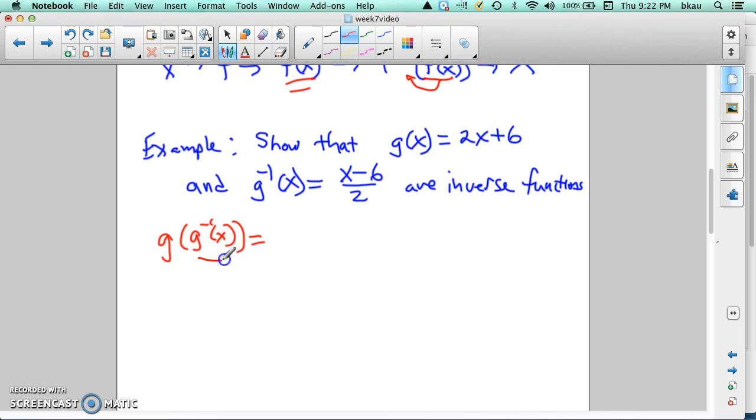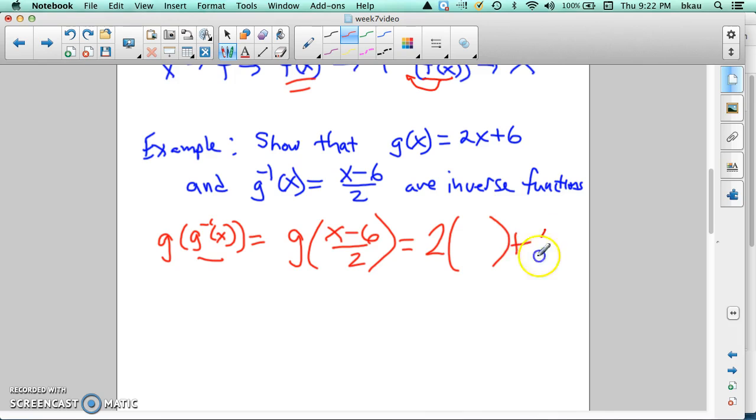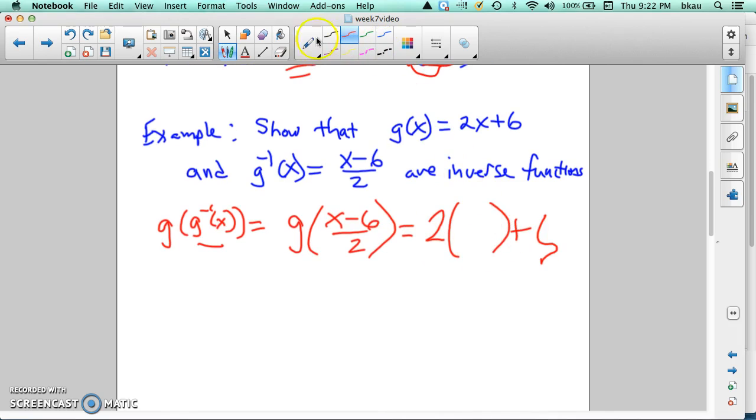What we're going to do here is start with the inverse function, x minus 6 divided by 2, and plug that into g. That means we're going to take the function 2 times x plus 6, and 2 times this function, x minus 6 over 2, gets plugged into g of x.